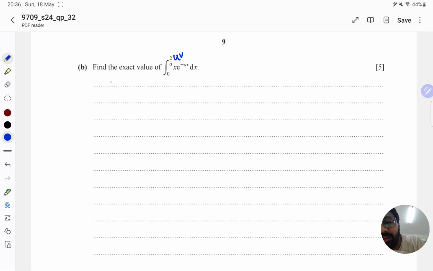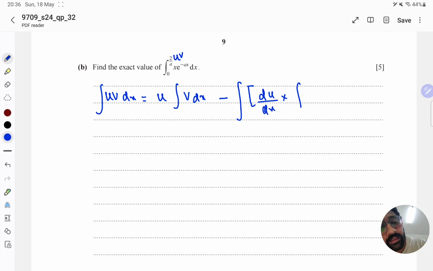Let me write the formula for integration by parts, which will be the integral of u v dx equals the first one as it is, the integration of the second dx, minus integration of the whole of the derivative of the first multiplied by the integration of the second, and the derivative of integration of whole.